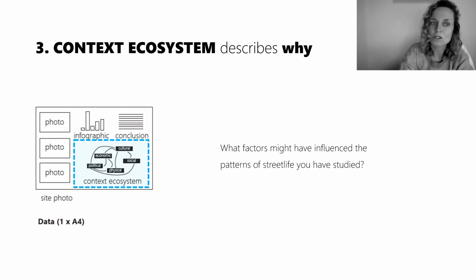And so what you are doing here is creating a visual ecosystem diagram that looks at the factors that might be influencing the patterns of street life you've studied. So we're trying not to make assumptions about what we see. We see what we see, but we need to then go, well, why is that happening? Or why is that person stopping there, without guessing? So how do we do that?